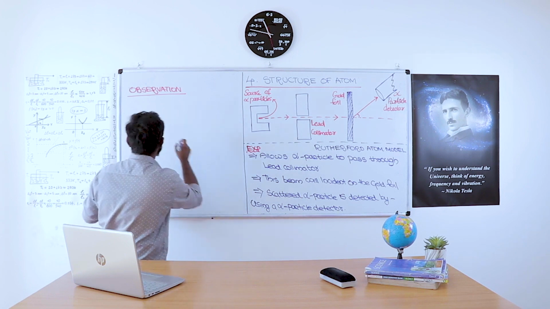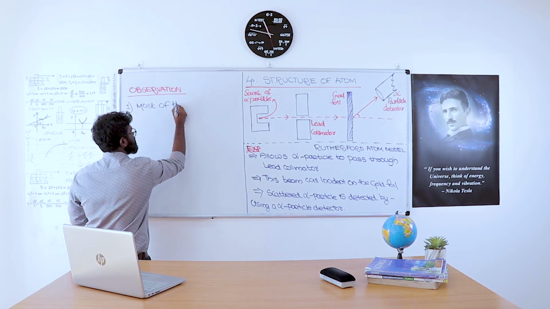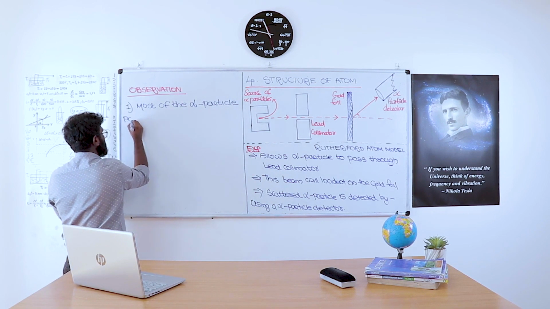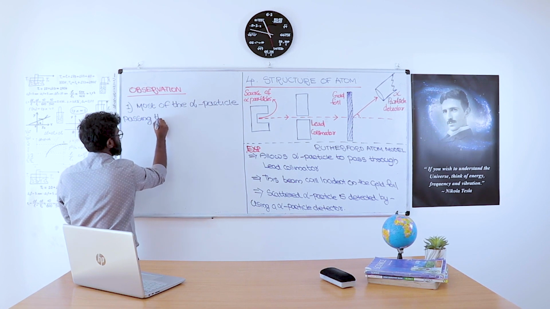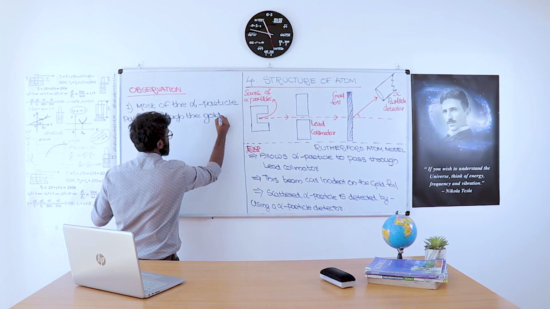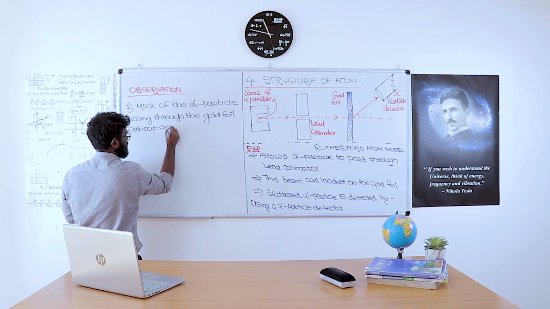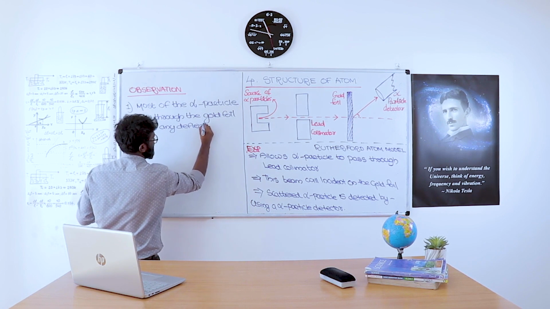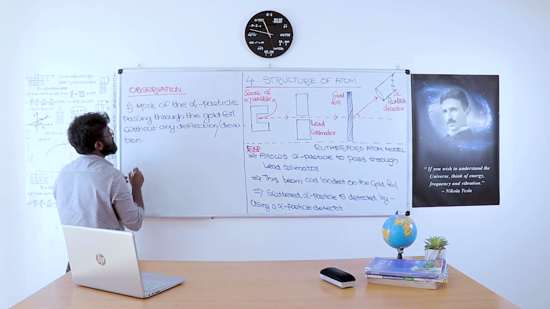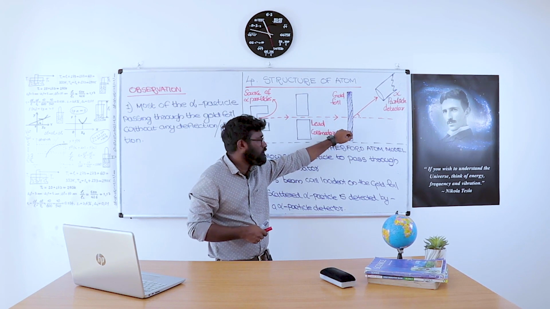The first observation is that most of the alpha particles pass through the gold foil without any deflection, or otherwise we can say without any deviation.